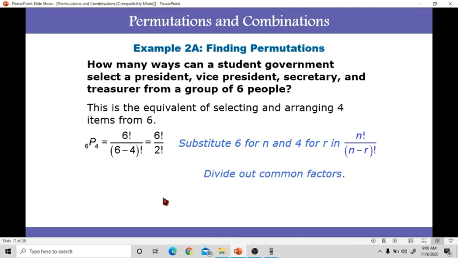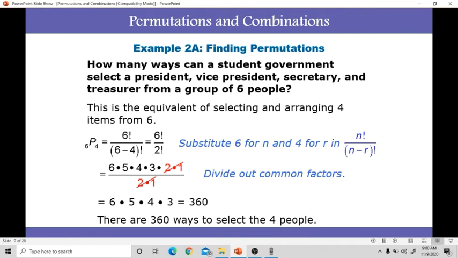Okay, divide the common factors. It will be 6 times 5 times 4 times 3 times 2 times 1 all over 2 times 1. Cancel. 2 times 1, 6 times 5 times 4 times 3 na lang yung matitira. Then it is equal to 360. Okay, therefore, there are 360 ways to select the 4 people.